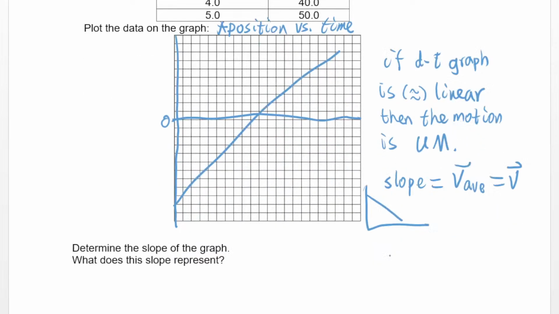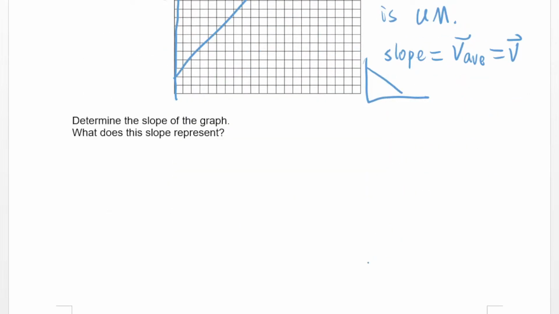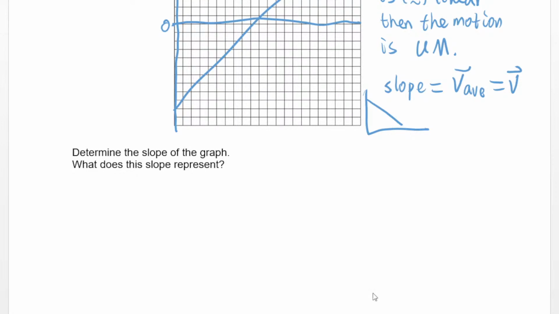I don't think I talk about that in my class either, so that would be something good to talk about. So once again, the increasing graph, the first one I drew, is moving in a positive direction. This one is moving in a negative direction. But everything else works out.